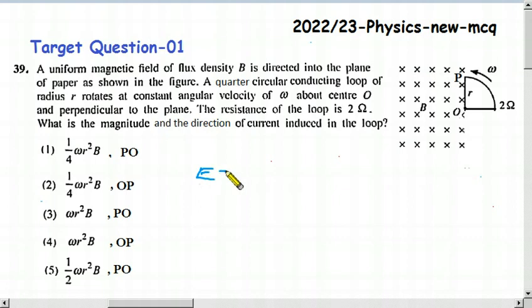E equals delta phi by delta t, that is Faraday's law. So what is going to be delta phi? B times area. What is the area?